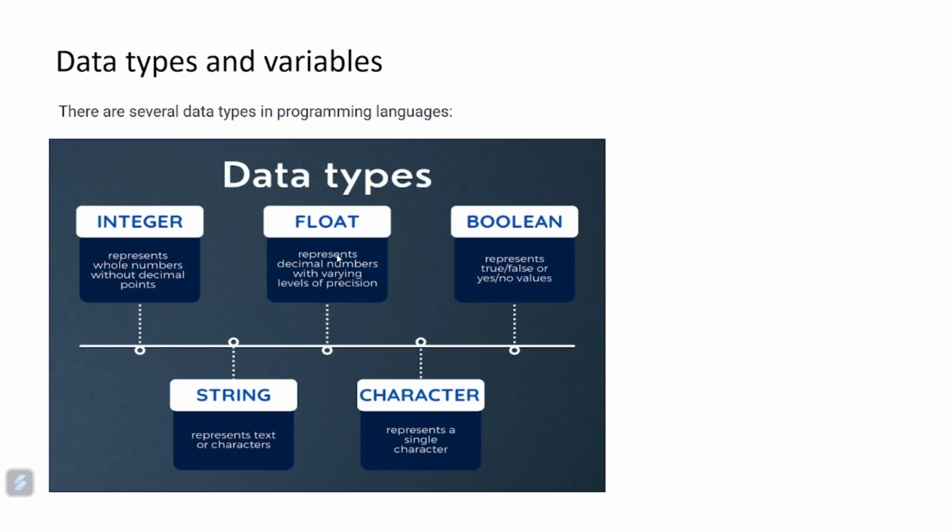And float: 3.0, 4.0, 47.9, these all are float. And the boolean, true and false, this is referred to as boolean. String, string means apple, banana, these all are strings. And characters here means a unique character like at the rate, hash, these all come under character.